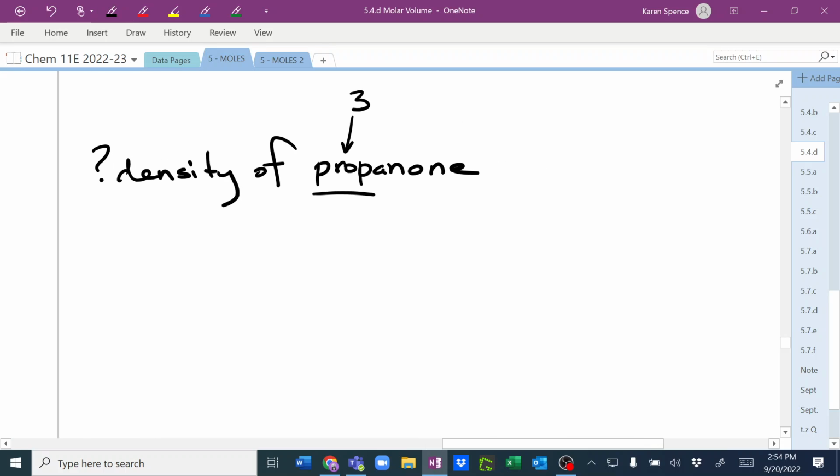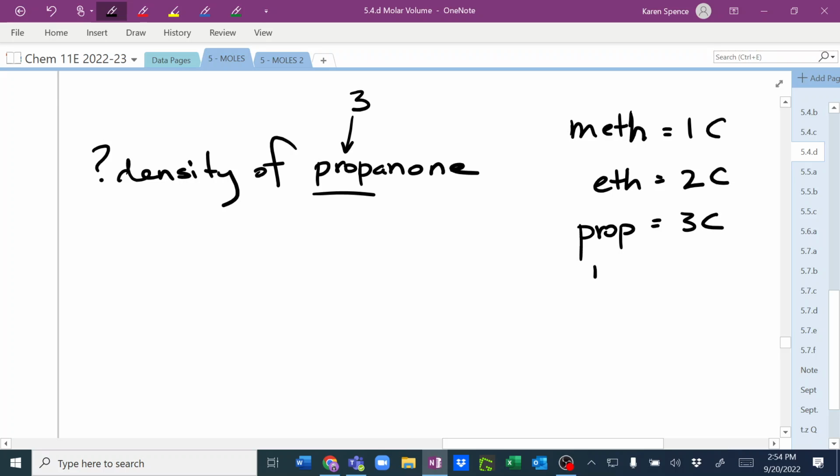It goes meth means 1 carbon. What means 2 carbons? Eth, 2 carbons. Prop is 3. And but is 4. And then after that, it's like penta, hexa, hepta, you know, the normal prefixes.